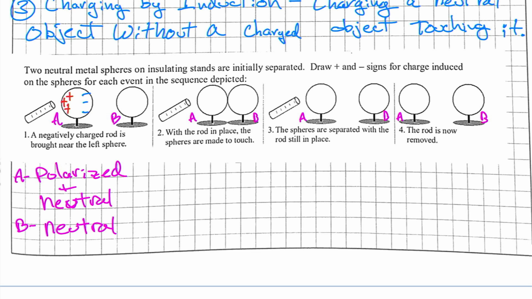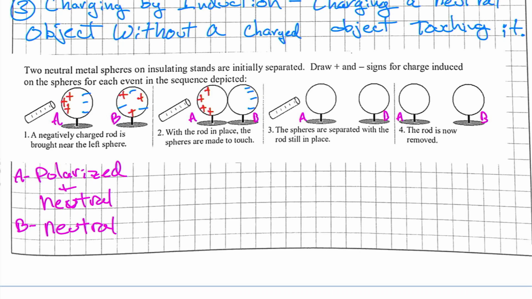In B, they're going to be symmetrically distributed. Now, when we bring the two together, the electrons get repelled all the way as far away from that rod as they can. They're going to go all the way to the right.